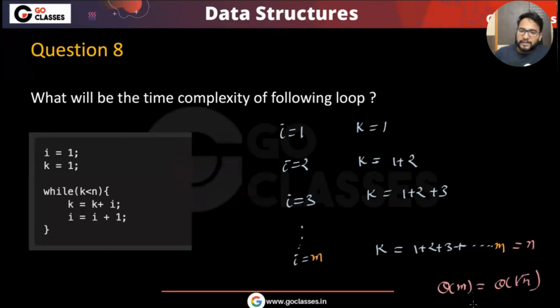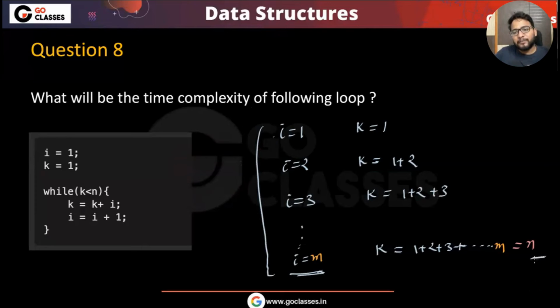Okay, so let's go from the very beginning, step by step. First, tell me if this table is clear. For i equal to 1, how it is happening. For i equal to 2, how k is updating. Now, it will run till k becomes n, which means it will run for i equal to 1, 2, till i equal to m. It is running m iterations, since it runs till the point k is n.